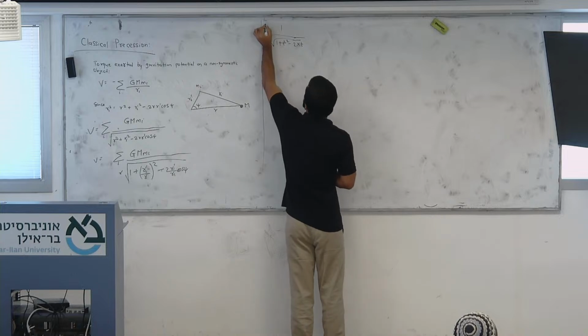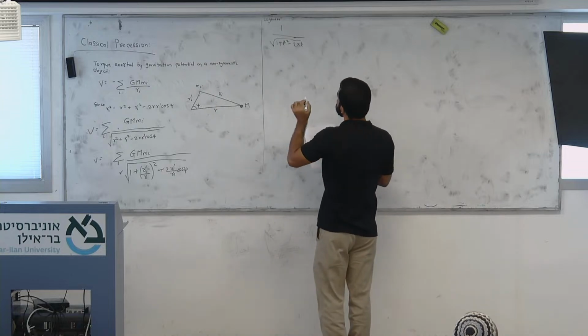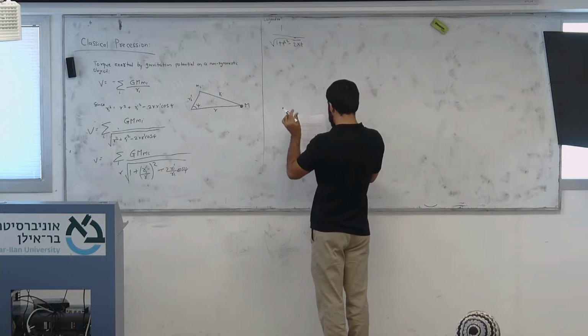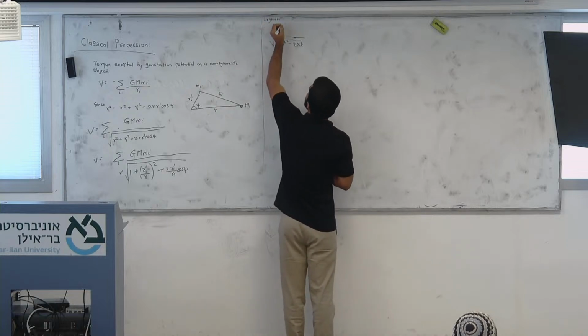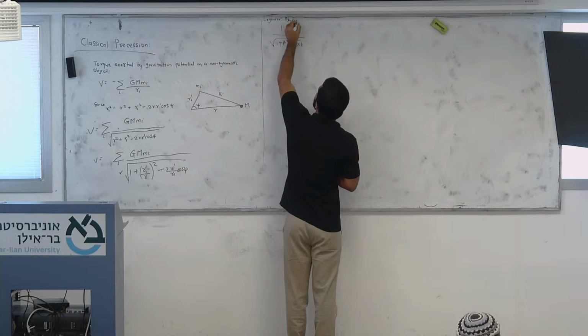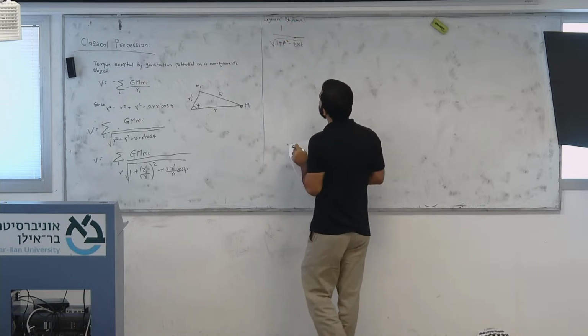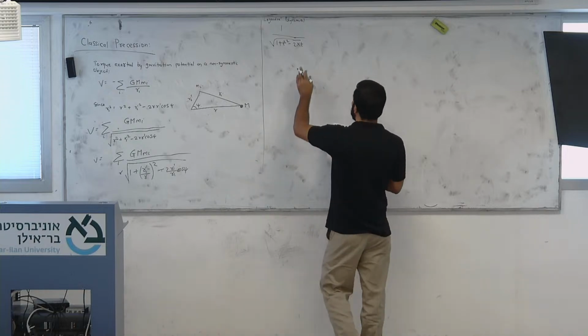Legendre polynomial. If I have this thing, this is called generating function.